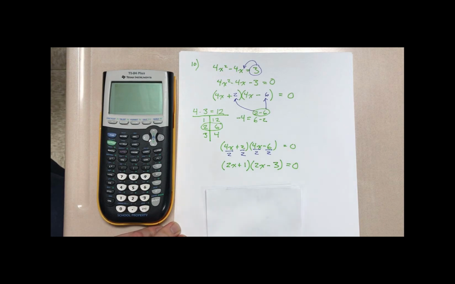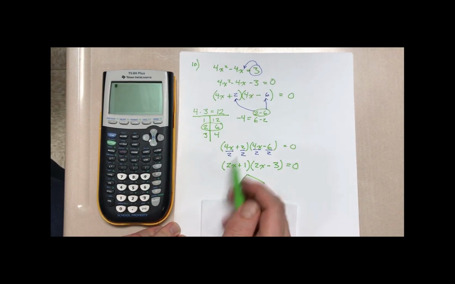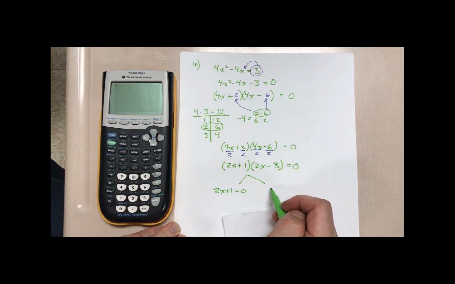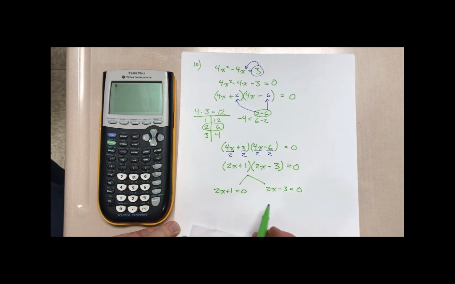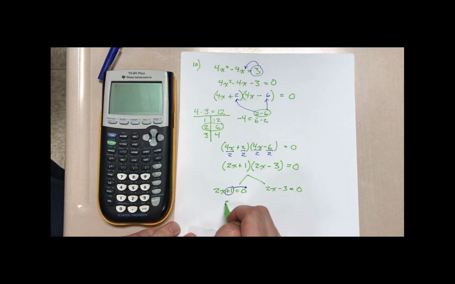Now, if we want to solve this algebraically, what we're going to do is set up the two scenarios, which is that either 2x plus 1 equals 0, or the other scenario, 2x minus 3 equals 0. And then we can just solve these as we would normally. Take this 1, move it over to this side, and we'll get 2x equals negative 1.